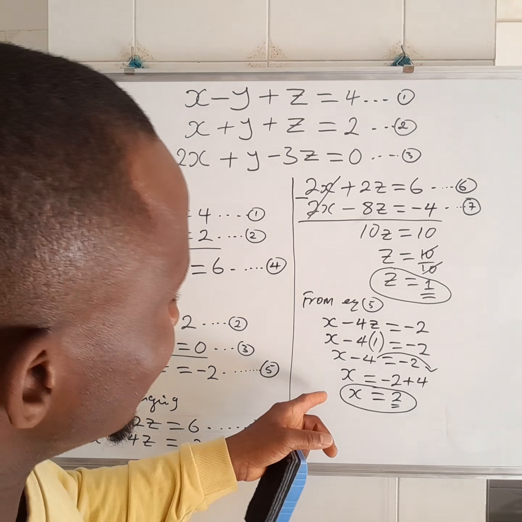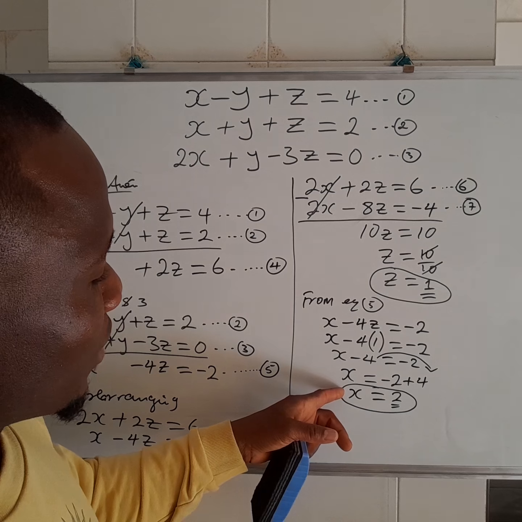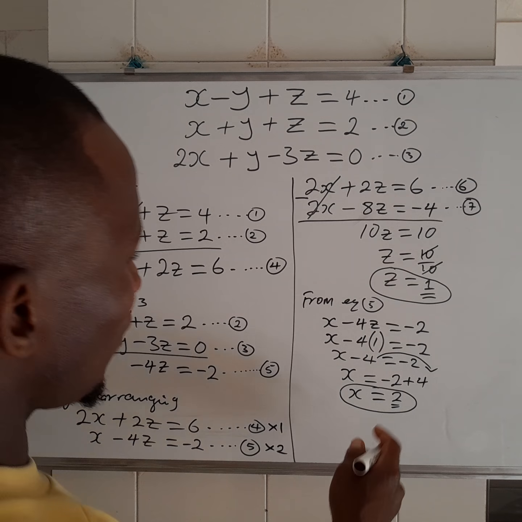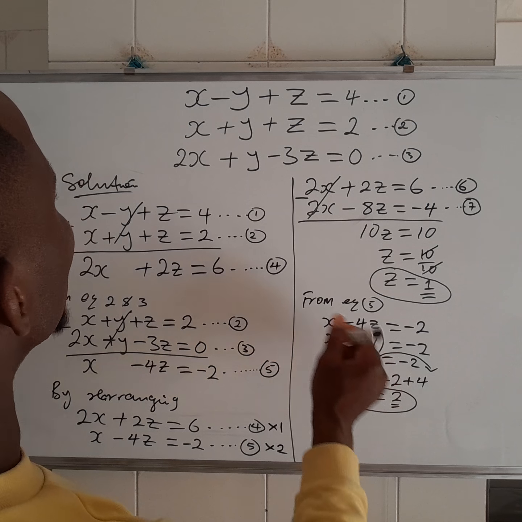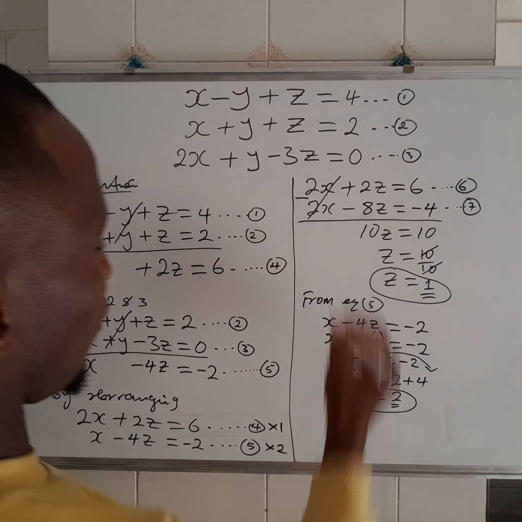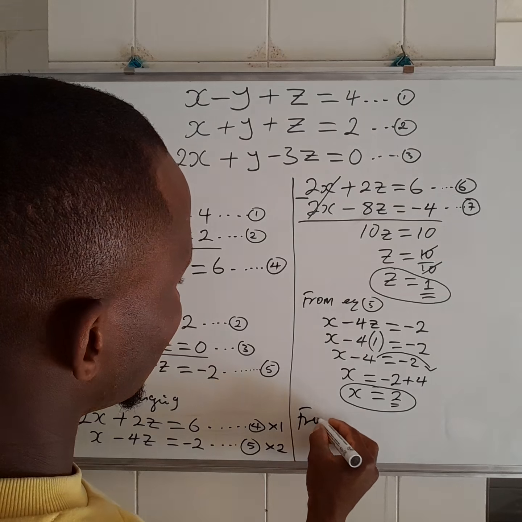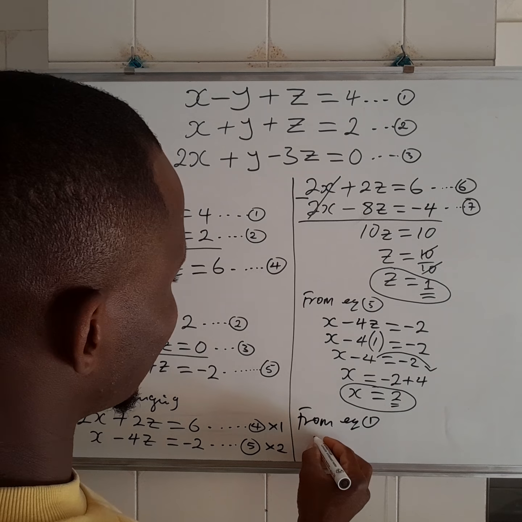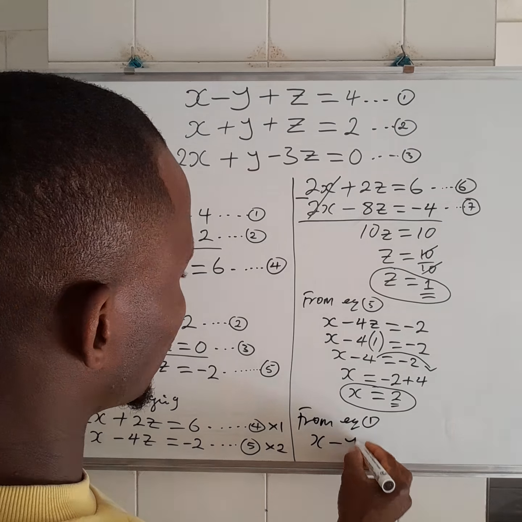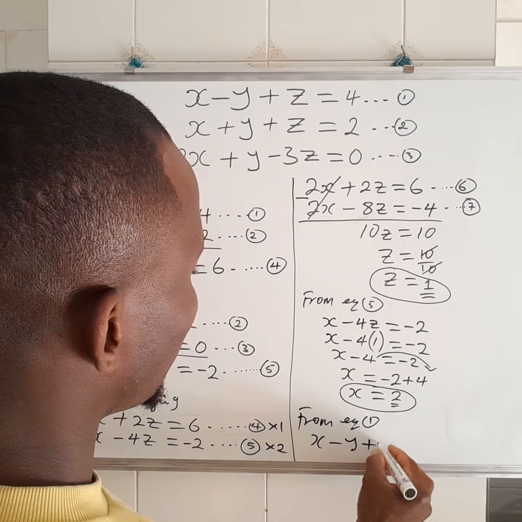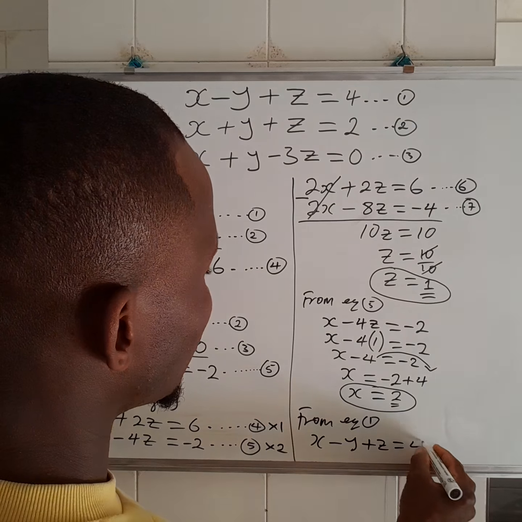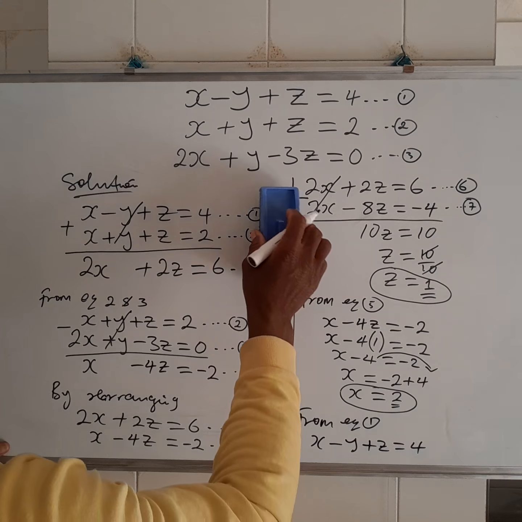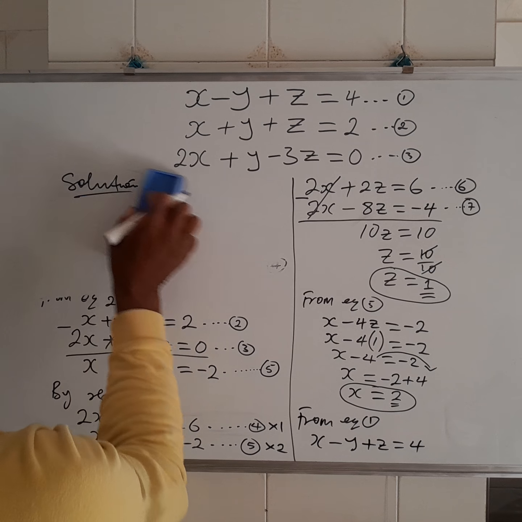So for us to get the third value, which is the value of y, we go back to the first equation. Let's choose equation 1. So because of space, let us clean this place.